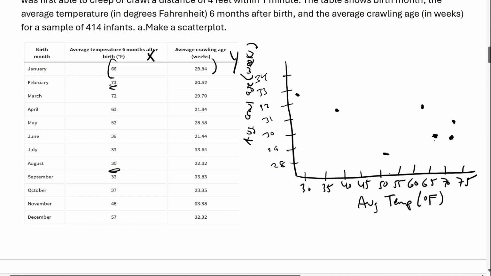Wait, 33.8. All right, and then 37, 33.35. Okay, 48, 33.38.